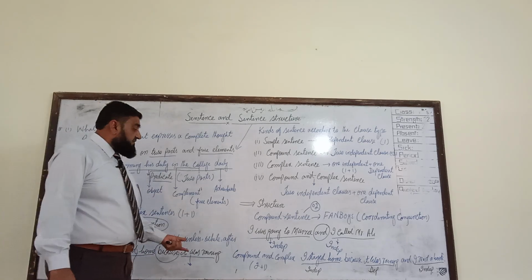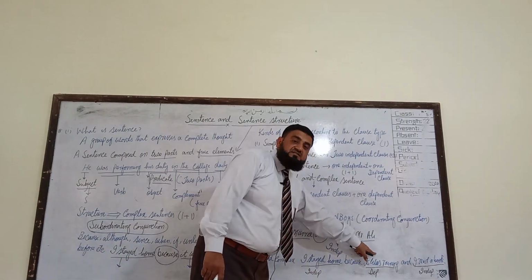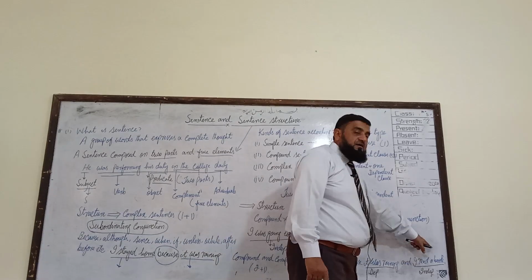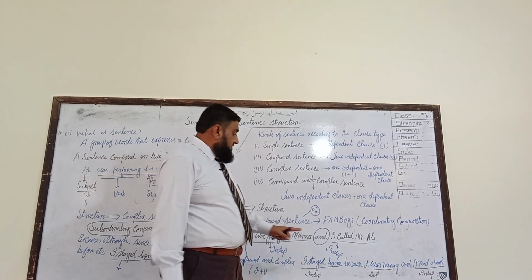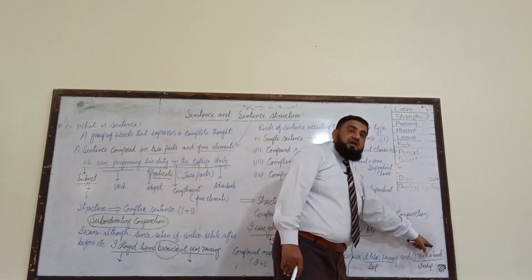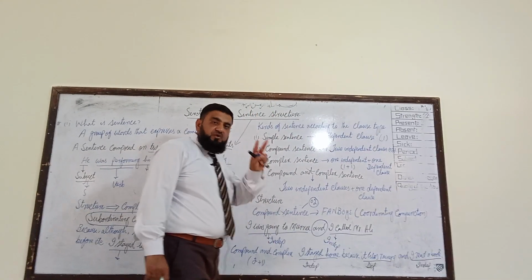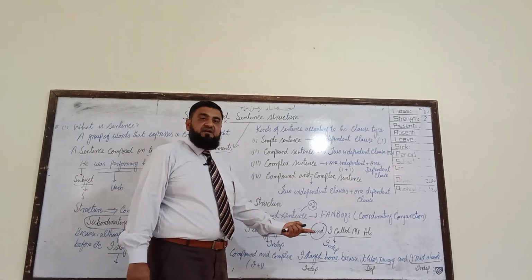For example, we have a sentence: I stayed home because it was raining and I read a book. I stayed home, independent clause. Because it was raining, dependent clause. And I read a book, independent clause. So two independent clauses and one dependent clause.